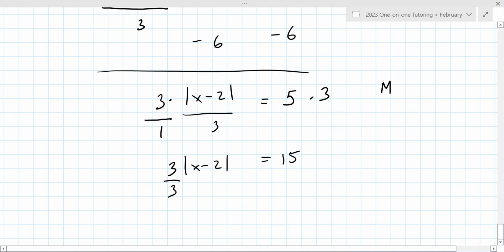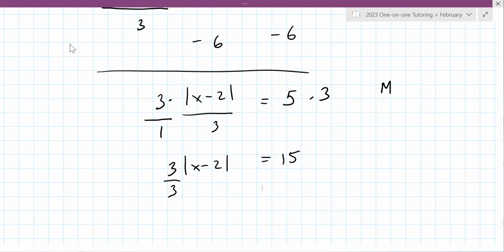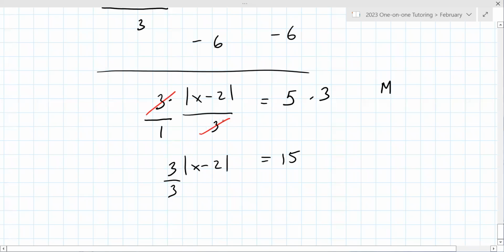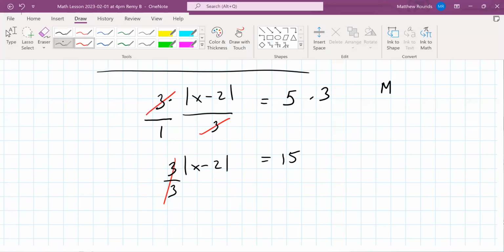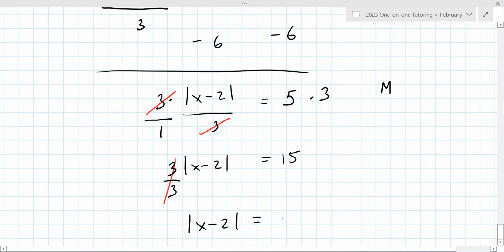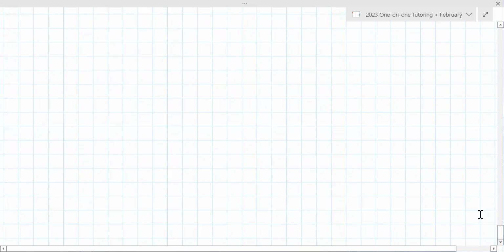Or you can say that they cancel because 3 divided by 3 is 1. So it's up to you. You can either cancel up here or write 1 down here. So now it's absolute value x minus 2 equals 15, and you go on and solve it from there. Case 1, case 2. You don't do that because let's have you set up one start to finish.